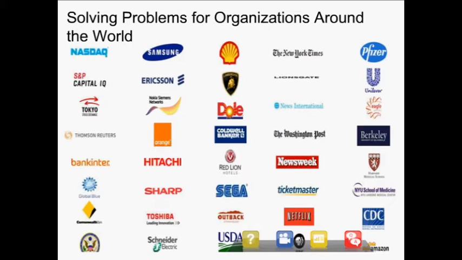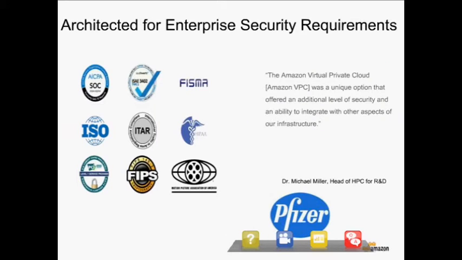The customers that take advantage of the AWS services we find in all segments around the world. And these customers, obviously, as they come from so many different types of business, have very unique requirements around the security that a cloud-based infrastructure needs to fulfill.